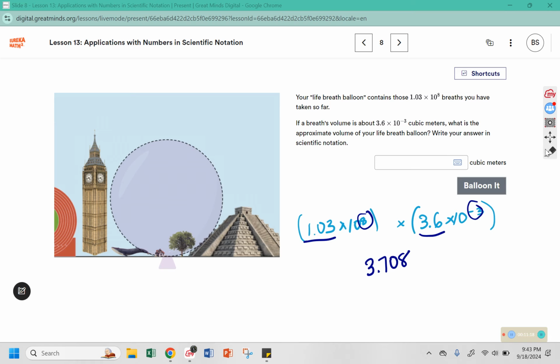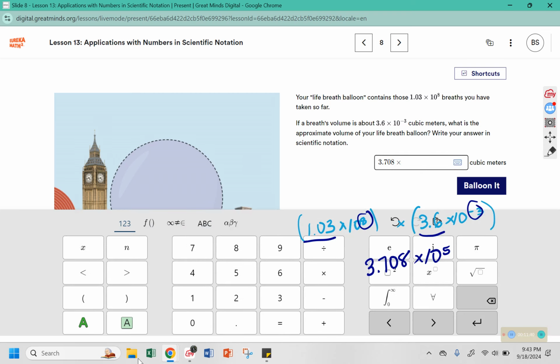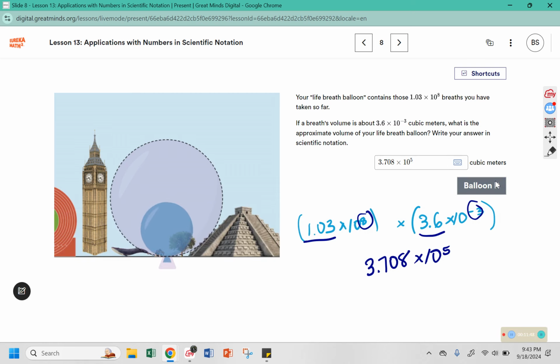So 1.03 times 3.6 is 3.708. And if we add those exponents, 8 plus negative 3 is positive 5. Now we will type that in. And we have the correct volume.